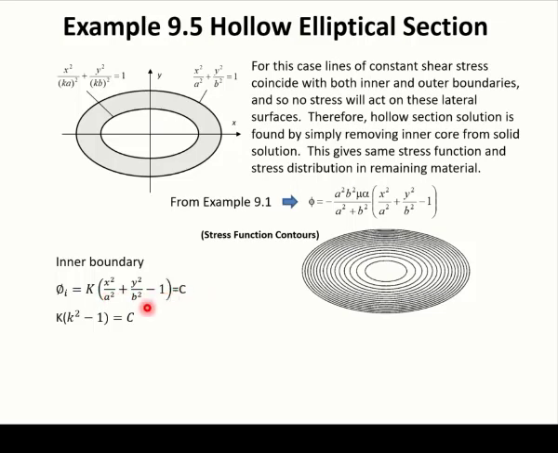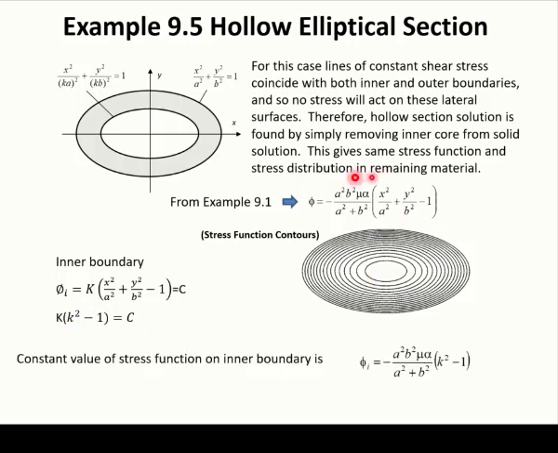If I rewrite this, I have x squared divided by a squared plus y squared divided by b squared, and for the inner boundary this will be equal to k squared. So I can replace this with k squared, which means that my constant should be equal to k times k squared minus 1. If you write your phi, and we know our k from the previous case, I can write it in these terms. So this will result in a constant value.